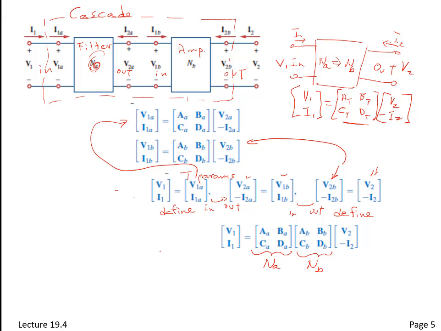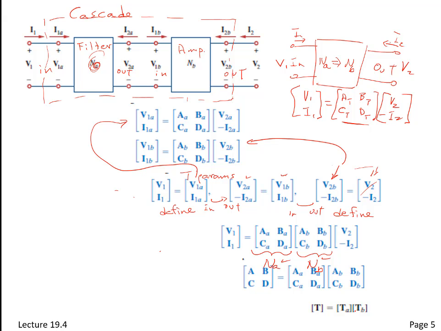I know I'm headed to this sort of thing because it's a T network. All I've shown now is, to do all this, I can rewrite NA plus NB down here. The product of those two is just some new big matrix, which is the total. This is what I wrote as total up there. And lo and behold, that's just the product of transmission parameters directly. So what does this say?